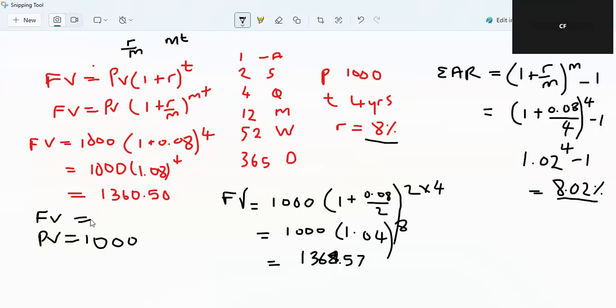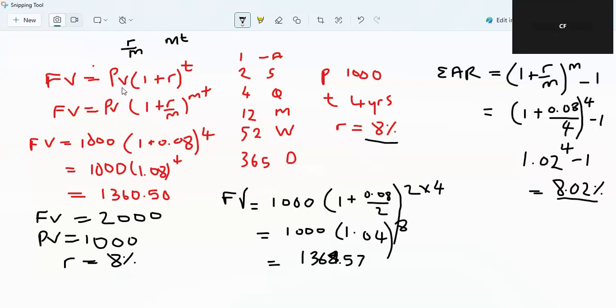What are they looking for? Future value. How long is what? The time element. The time element, correct.